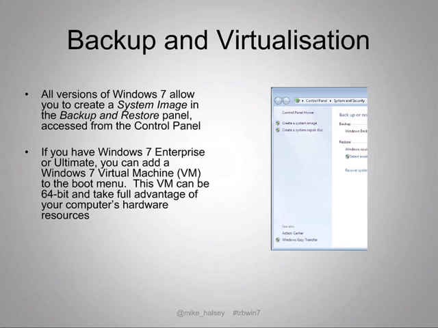You really would never notice the difference between booting from a regular copy of Windows 7 installed on your hard drive and booting from a copy of Windows 7 in this virtual machine. Now you need Windows 7 Enterprise or Ultimate in order to be able to take advantage of this, but it's a great feature and it's well documented as well on the Microsoft website.